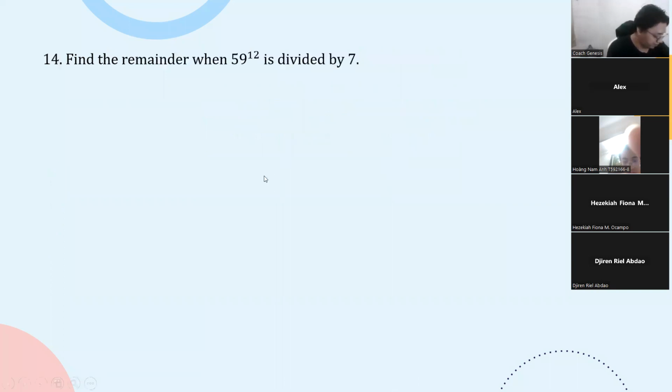For number 14, find the remainder when 59 raised to 12 is divided by 7. The thing here is we first start with the base. We first start with 59. We apply congruence modulo 7 to 59. So we have 59 raised to 12 modulo 7.